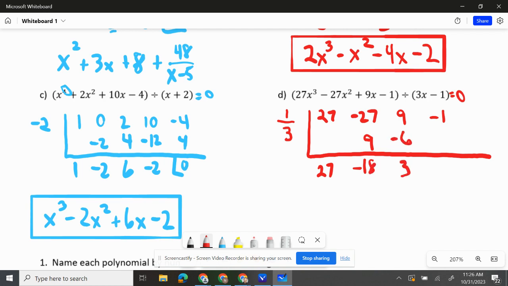That gives us a 3. 1/3 of 3 gives us 1, and that gives us a 0. Because the leading coefficient for our binomial is 3, remember we're going to divide each of these by 3, and that gives us 9x squared minus 6x plus 1.